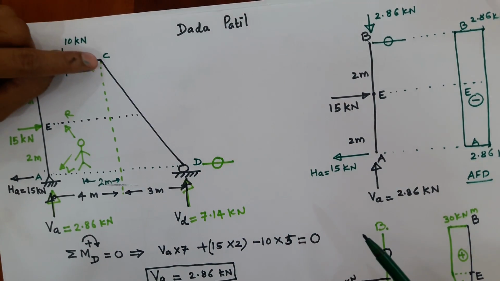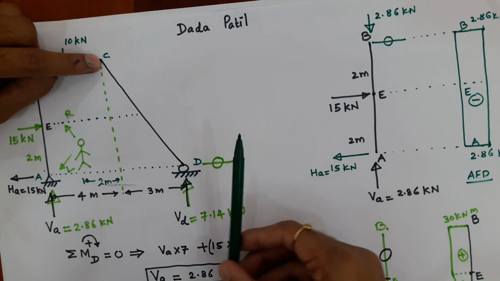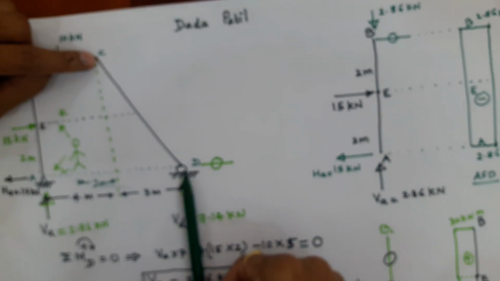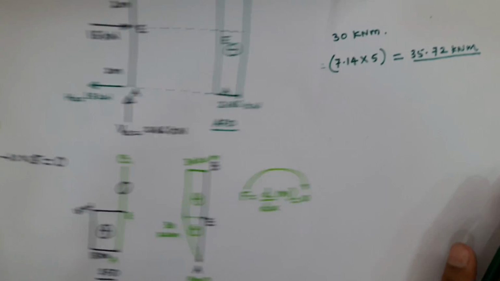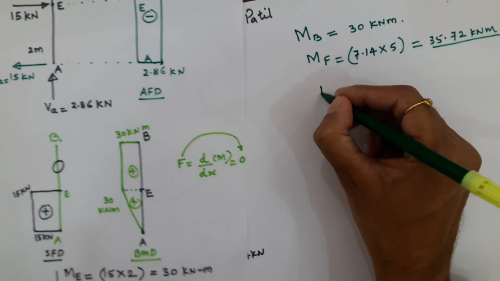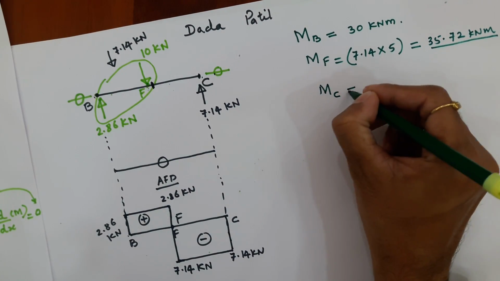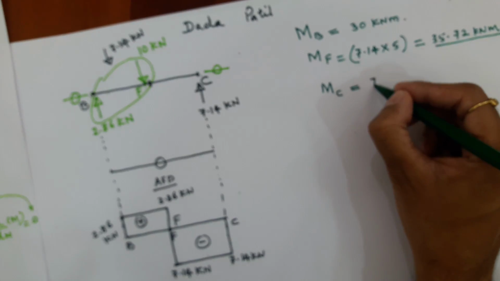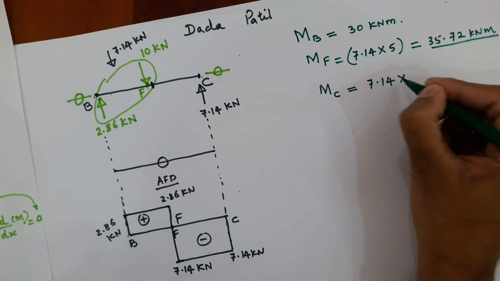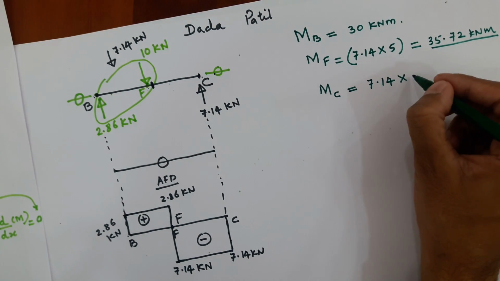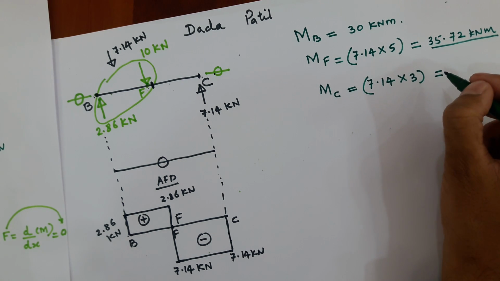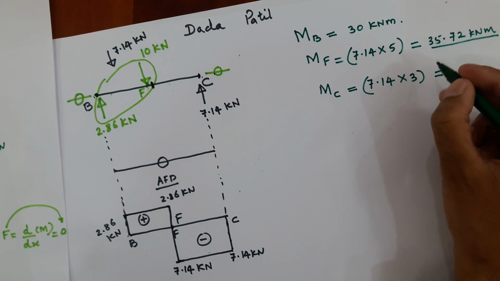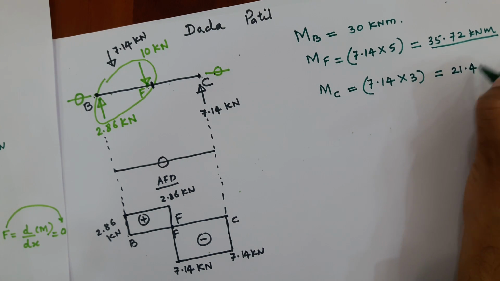So when I take bending moment at C, again if you observe, this 7.14 is trying to open up the part CD like an umbrella, and I take it as positive. So again MC will be 7.14 into perpendicular distance 3, that is 21.44 kilonewton meter.